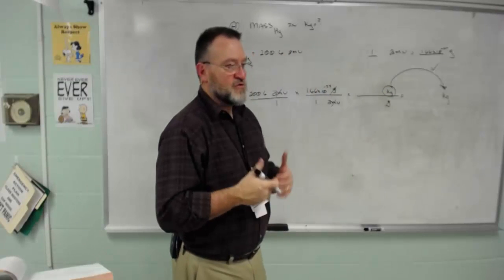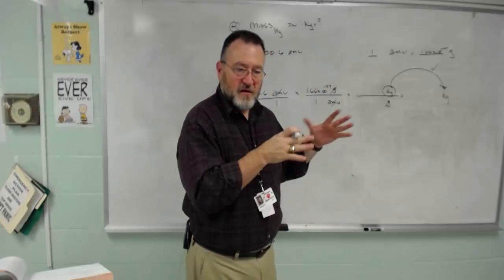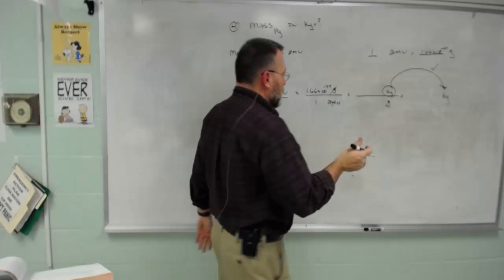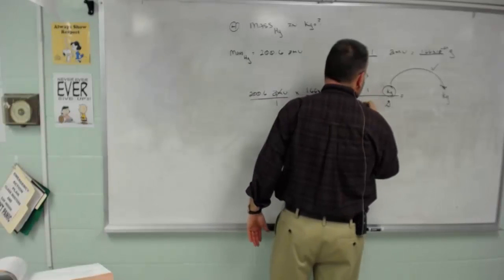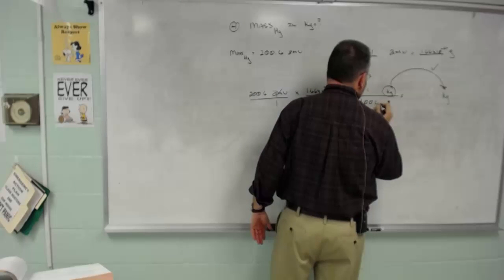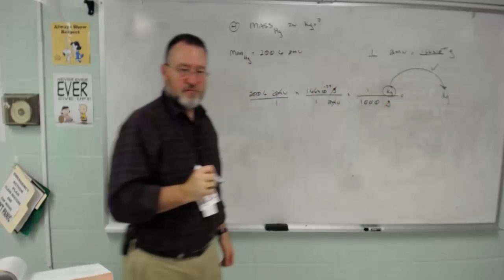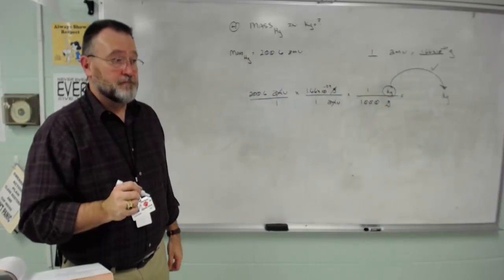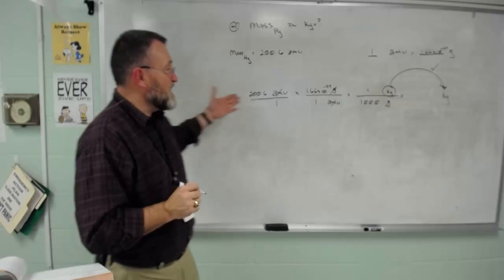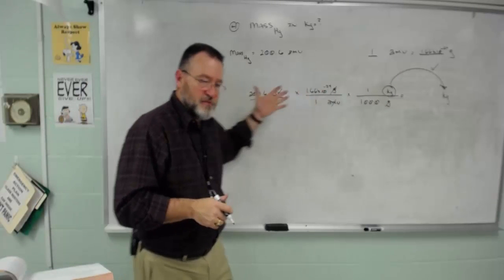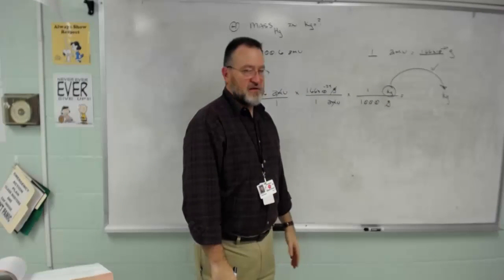And one of our most basic statements of equality within the system is that 1 kilogram is equal to 1,000 grams. Right? So now I have the setup with my actual numbers in it that I need to calculate.